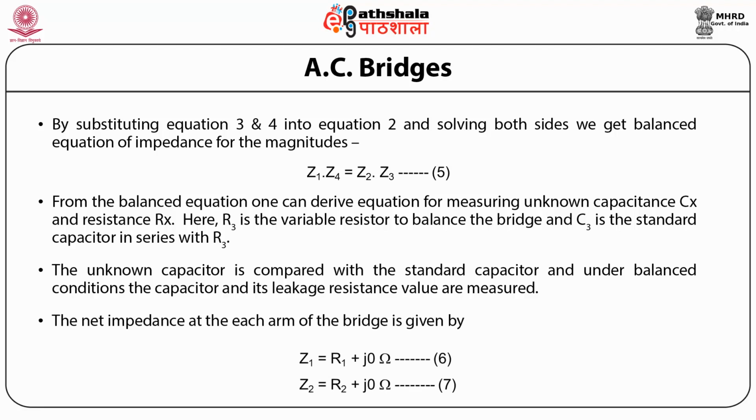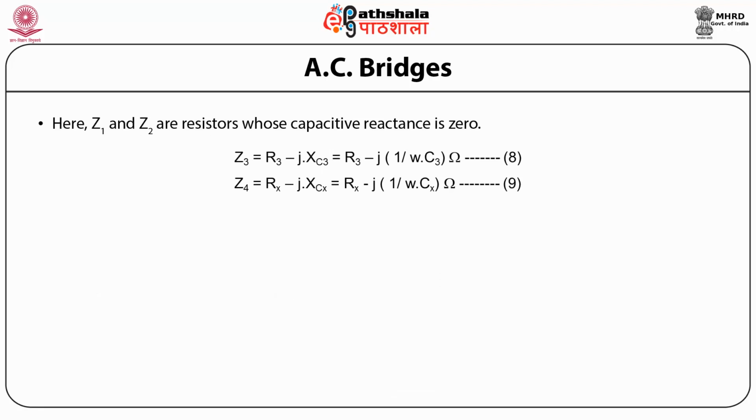The net impedance at each arm of the bridge is given by Z1 equals R1 plus j0 ohms. This is equation 6, and Z2 equals R2 plus j0 ohms. This is equation 7. Here Z1 and Z2 are resistors whose capacitive reactance is 0.